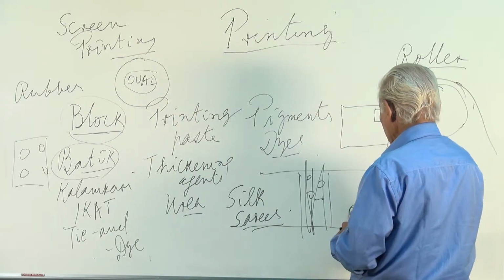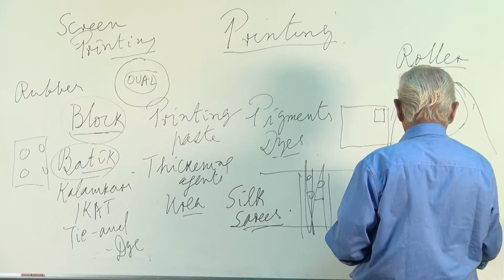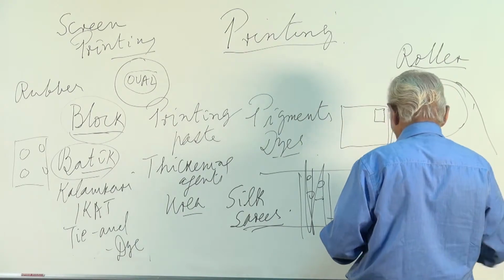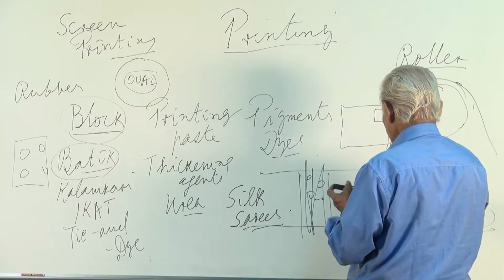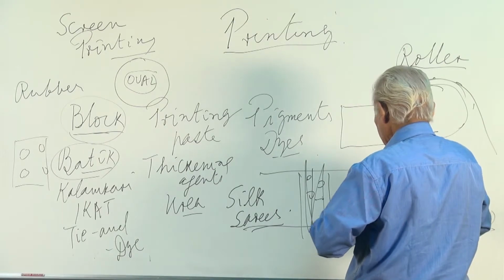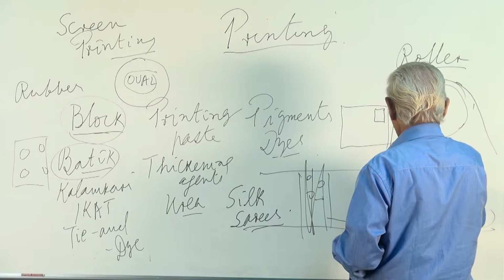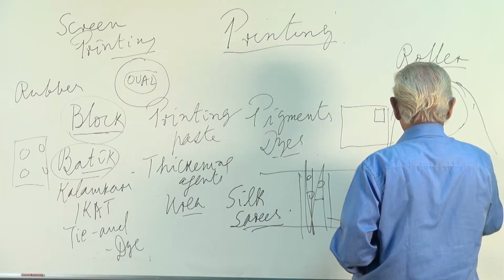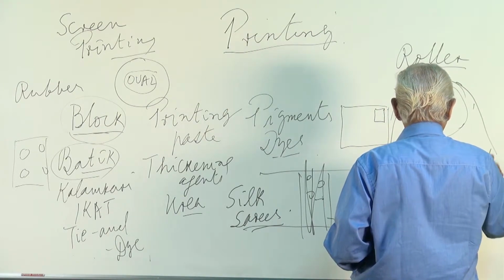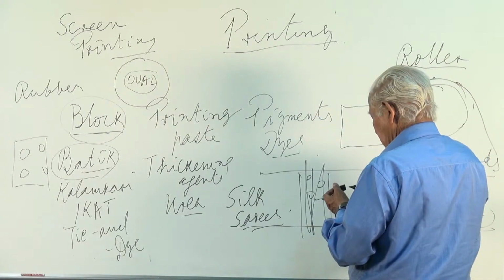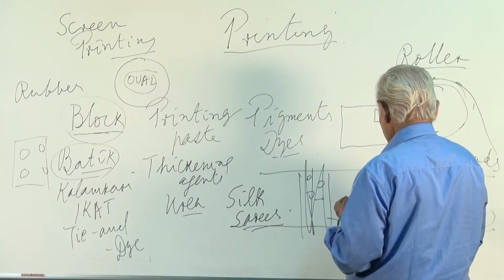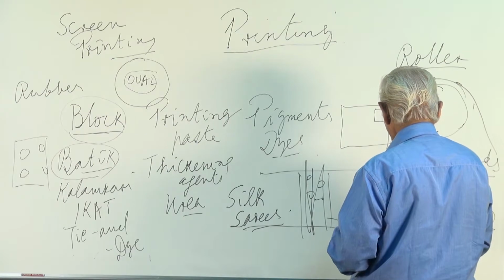Here we can have 8 rollers having different designs, and the fabric is allowed to pass through that one, and different designs are created on the fabric. This is most essential for bedspreads. And for saris, screen printing is the most suitable equipment.